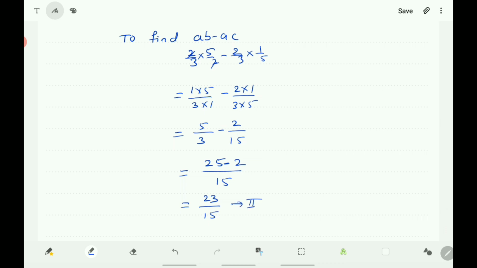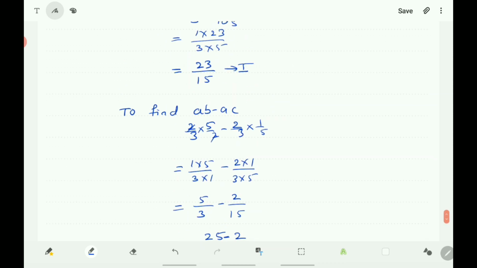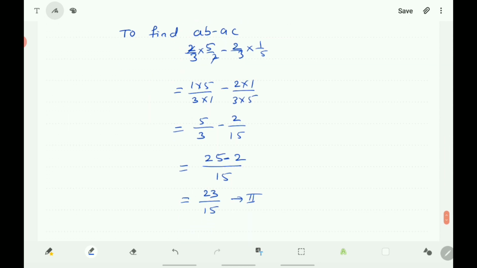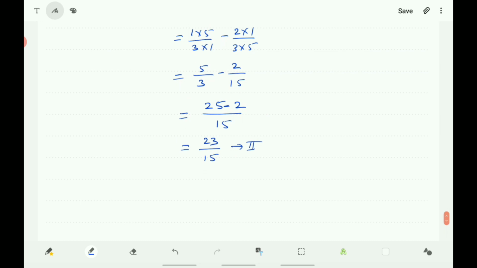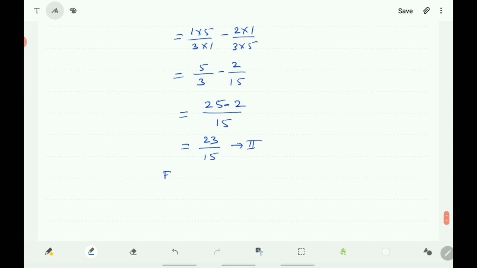See, this is second. And see the result, first is 23 by 15, and second also 23 by 15. So from first and second, you write A into B minus C is equal to AB minus AC.